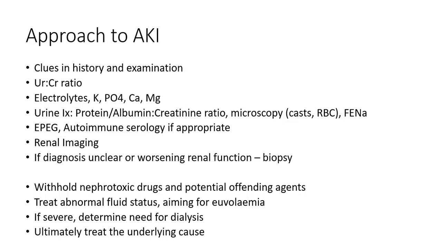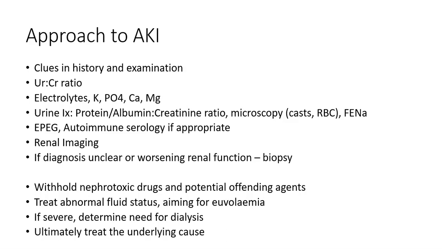But when giving diuretics, it's important to not overdose the diuretics, which can then cause hypovolemia and lead to a pre-renal AKI. Ultimately, if the patient has an abnormal fluid status, you should try and treat the abnormal fluid status and always aim for euvolemia.